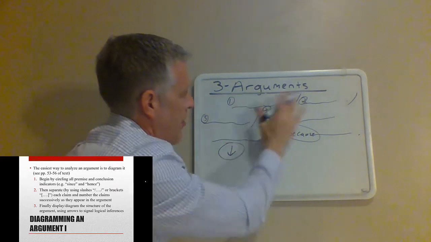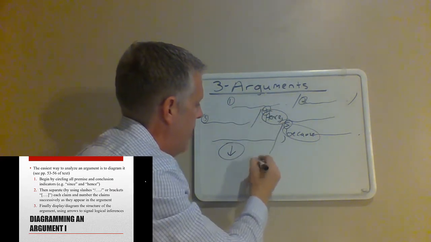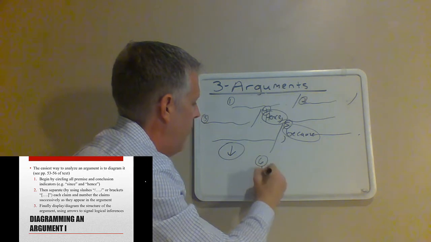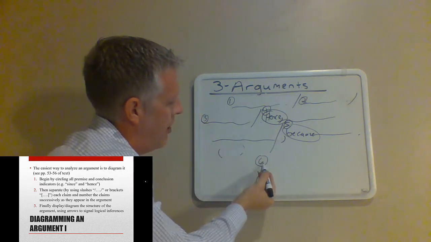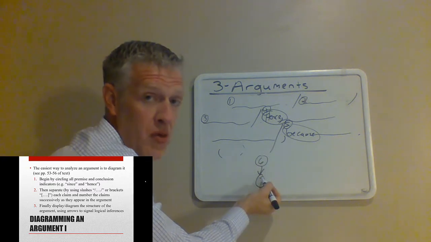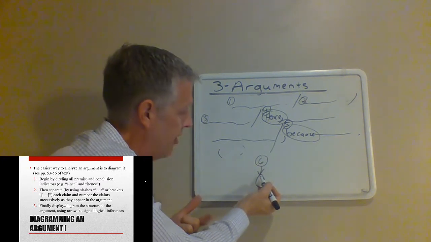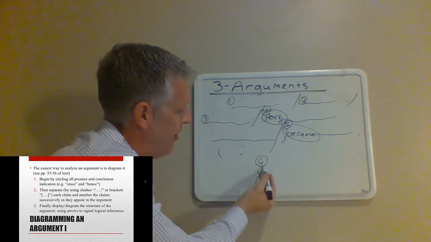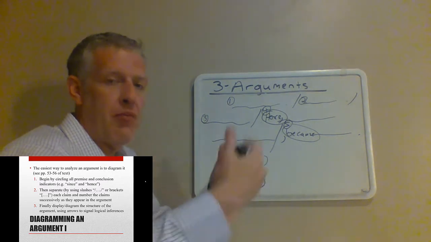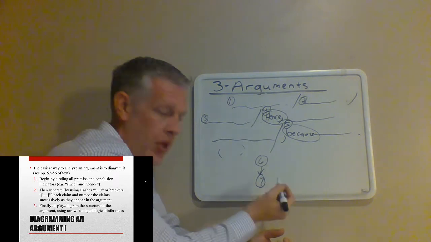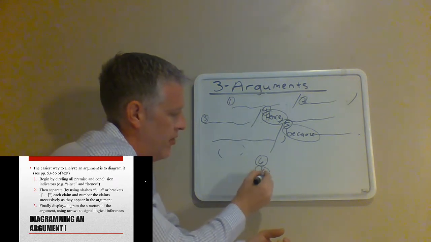Let's say we had circle 6 pointing to circle 7, with an arrow to 7. The idea is that whatever's above the arrow supports or proves, depending on whether we're dealing with an inductive or deductive argument, the thing that's below it. And that's the sense in which there's an argument at play.